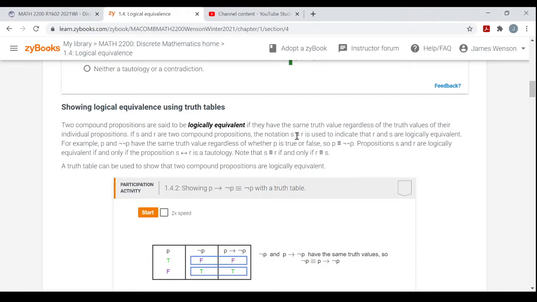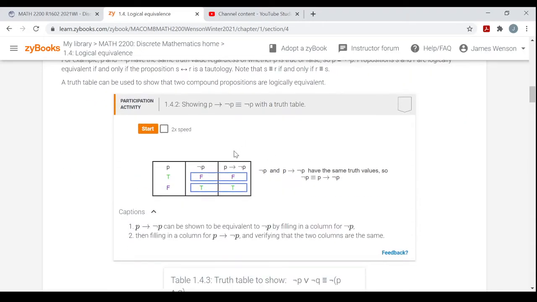And to say that 2 statements are equivalent, the symbolism for that is this triple equal sign right here, where you have this statement that I just highlighted: S is logically equivalent to R. Okay, so they give you an example here, where again, with truth tables, you're just going to show that the columns for the statements are the same.